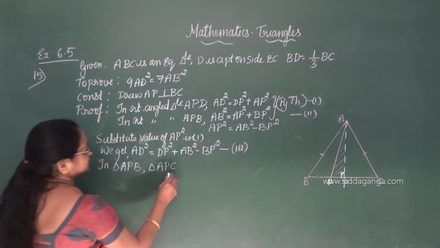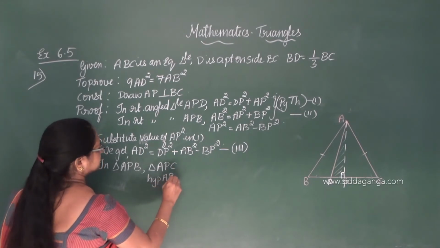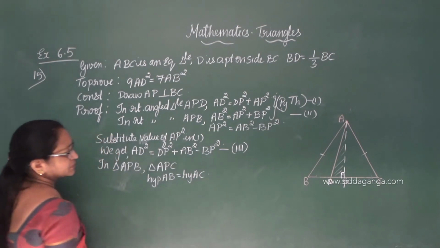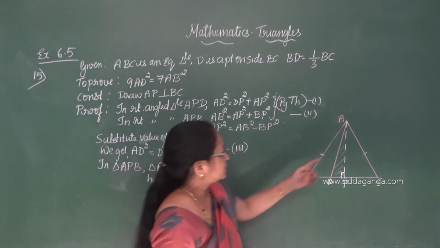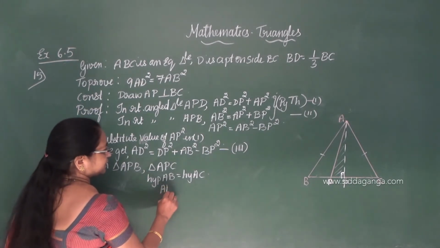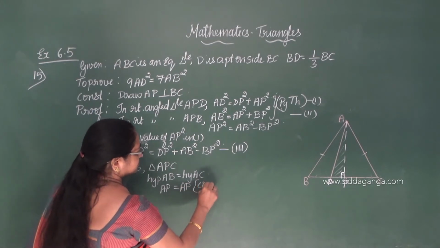So hypotenuse AB is equal to hypotenuse AC. Then what else? AP is equal to AP, it is common.